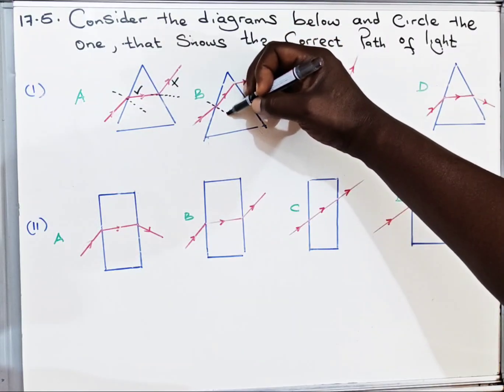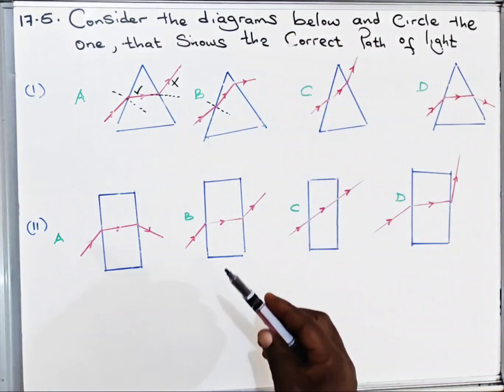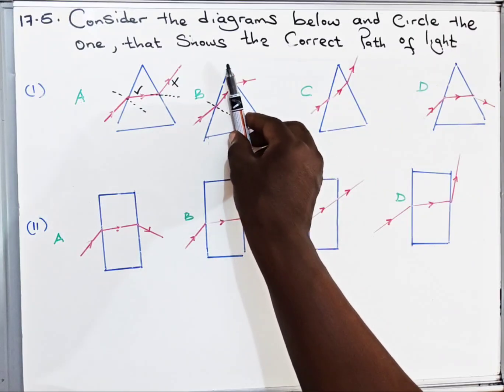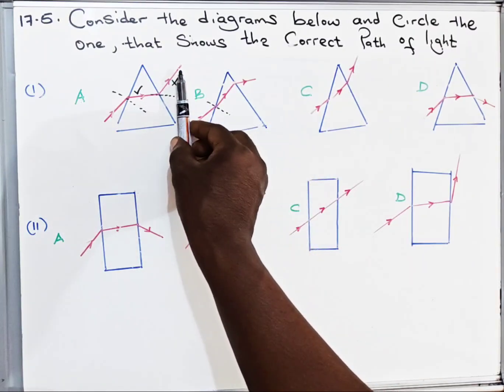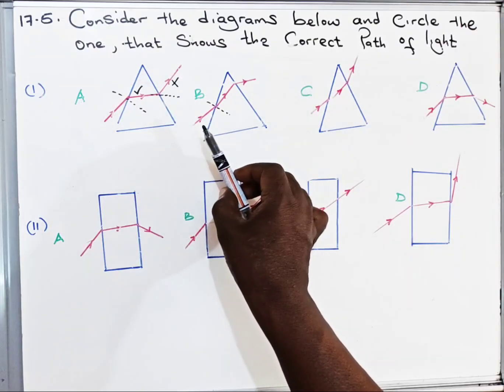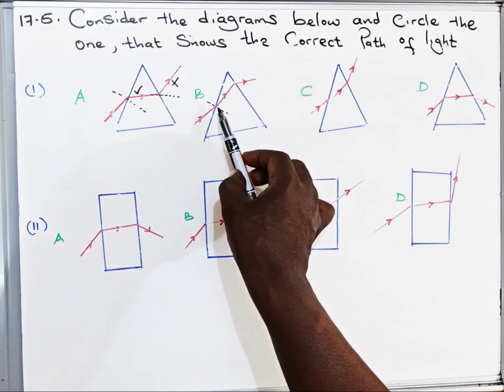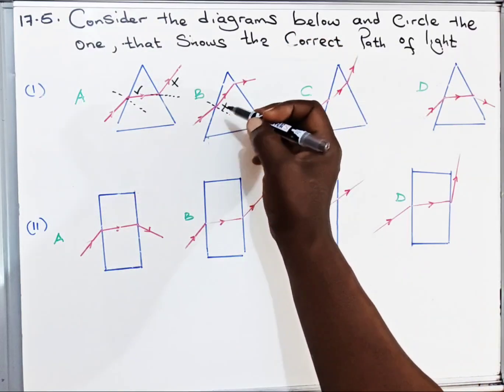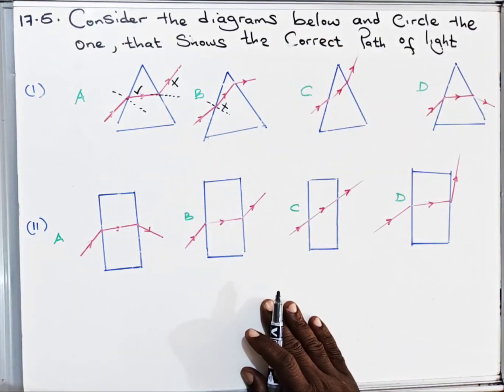We have our normal here, and light goes in. Remember, this medium is denser than outside. The light ray is supposed to bend towards the normal, but this one bends away from the normal. So this one is wrong from the start.